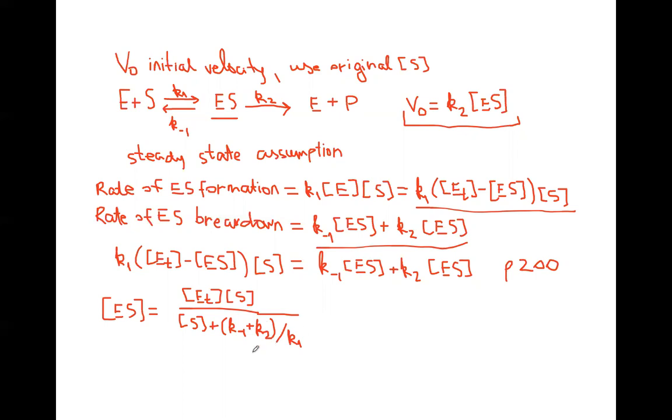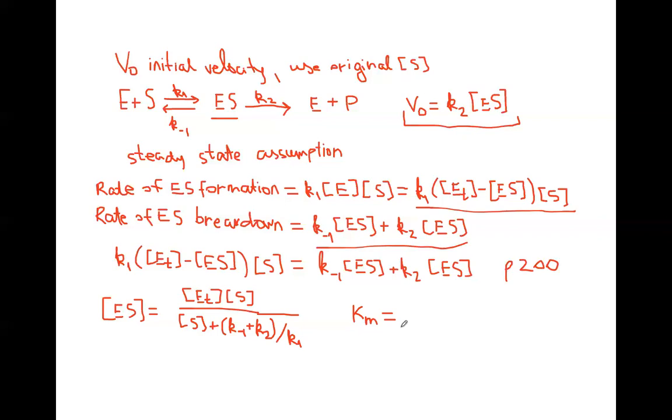Now, we have a term with three rate constants. Obviously those don't change, and we can combine them all together and introduce a new constant, which is a combination of all three. It's known as the Michaelis constant.